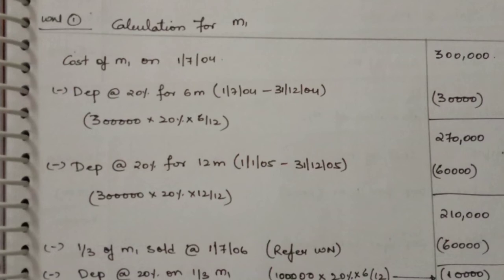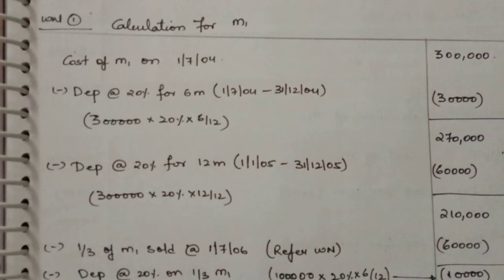What is the balance amount you need to carry down in the balance sheet? You need to carry it down for the next year: 3 lakhs minus 30,000 depreciation equals 2,70,000 as on 31st December 2004 or 1st January 2005, the balance of machinery 1. In case of machinery 1, in the year 2005, is there any change? No, there is no change.